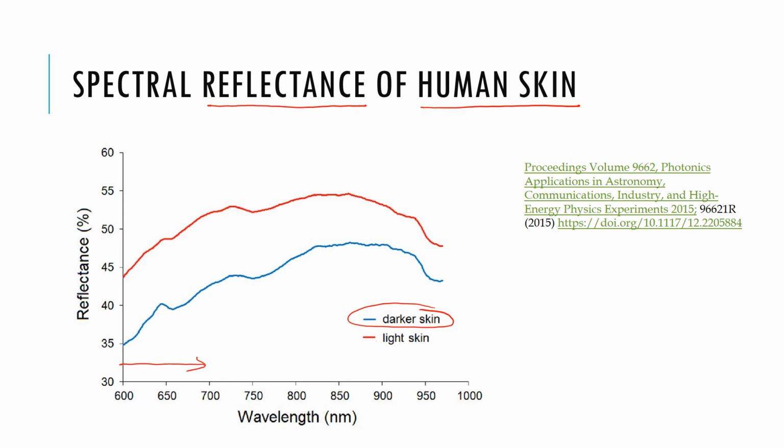But what is interesting is that even outside the visible range, in the near infrared and in the infrared range, we see that it reflects less than the light skin. So these properties are important in a number of applications.